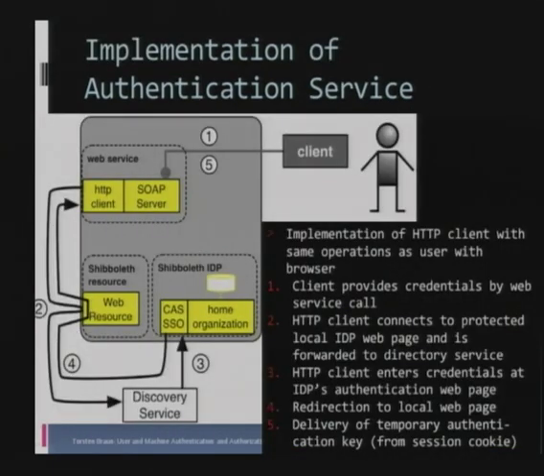So that's basically some implementation details. Basically, what we have done is we have implemented here in the authentication service a web or an HTTP client which receives the authentication request, then performs the authentication, basically as a human user would do it using a web page interface.